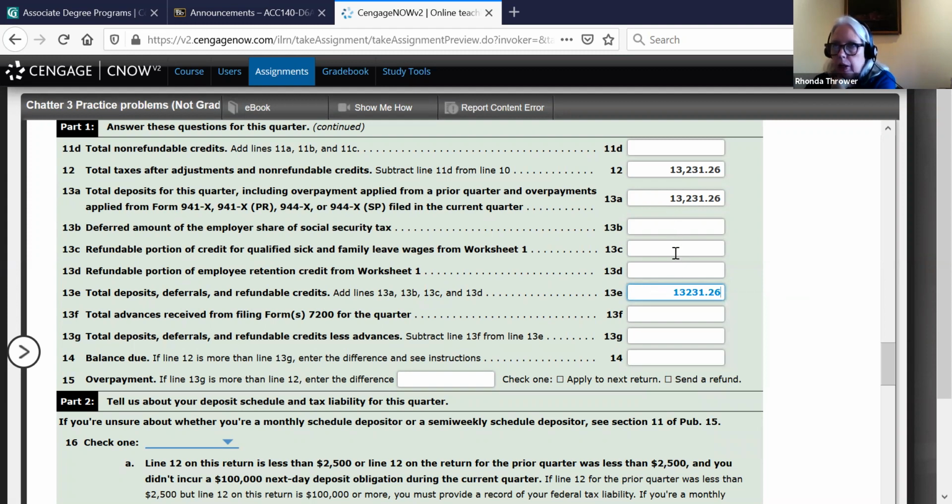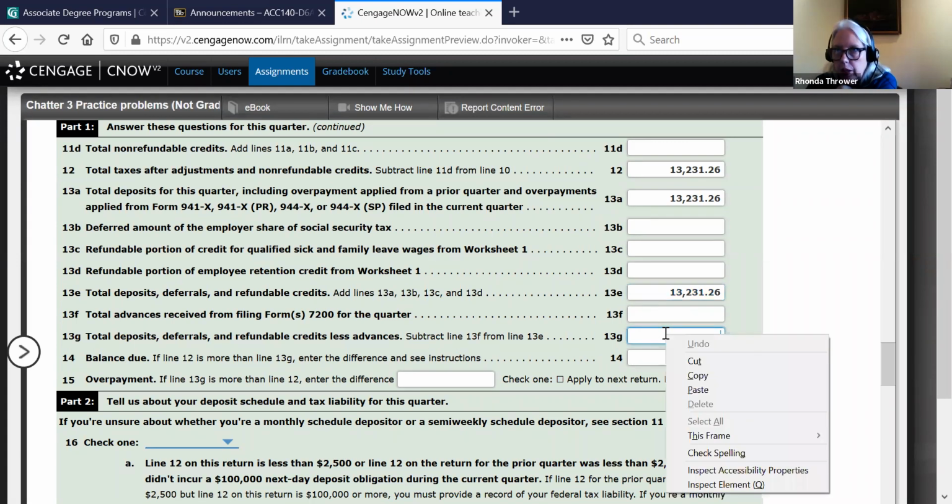These three are going to be blank. There were no advances that were received. The total deposits would be the same amount again.